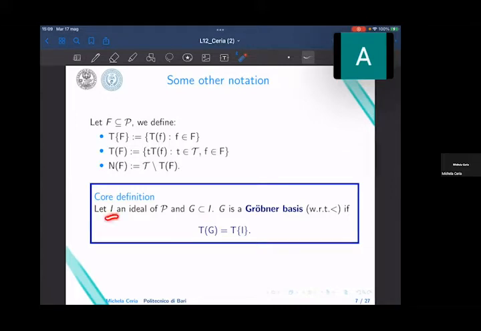Let's take an ideal of the polynomial ring, and G is a subset of this ideal. G is a Gröbner basis with respect to your term ordering if the semigroup ideal generated by the leading terms of the elements of G is equal to the set of all the leading terms of the elements in the ideal.